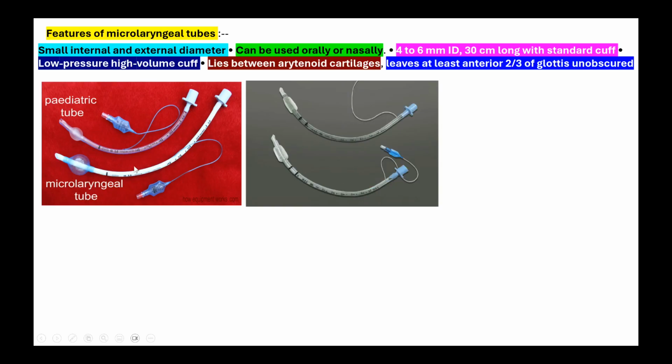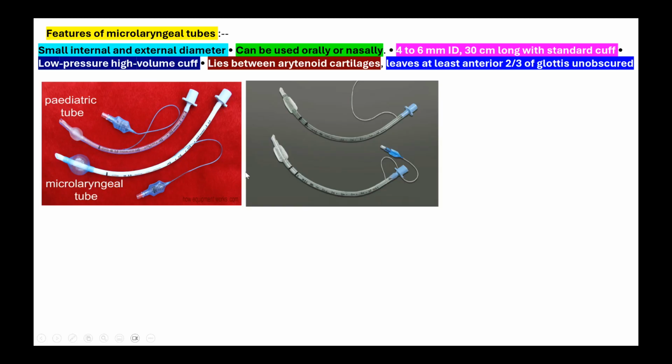Compared to this tube, these two tubes, can you see what are all the differences? By just looking at the tube, look at all the angles of the tube as well as the pilot balloon, everything. Can you observe some very blatant or very visible differences between these two tubes?